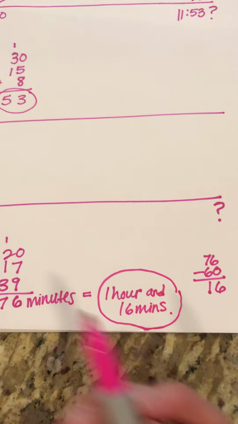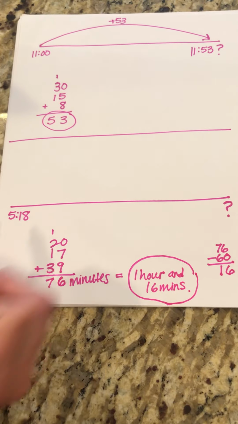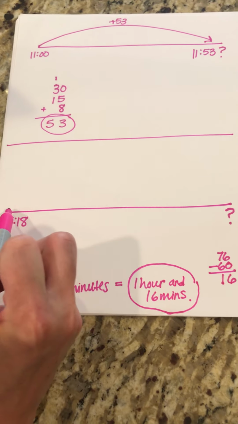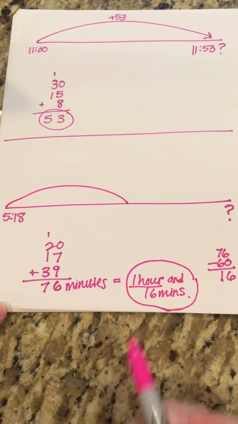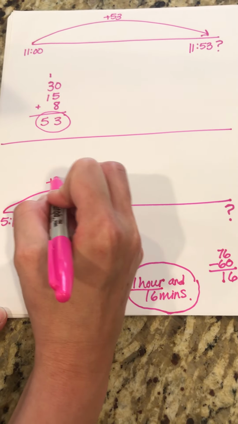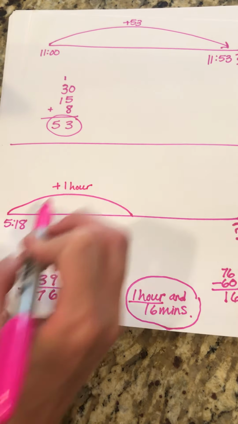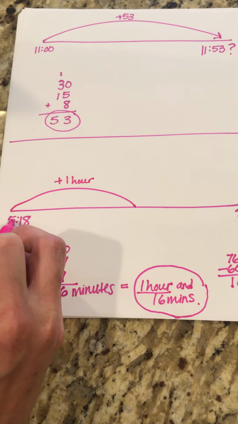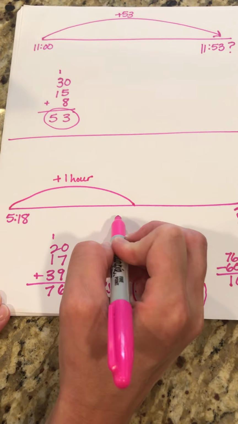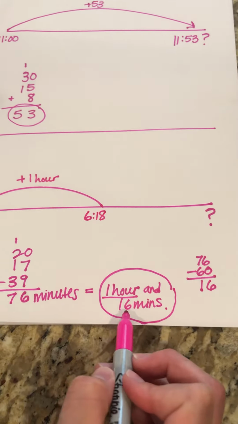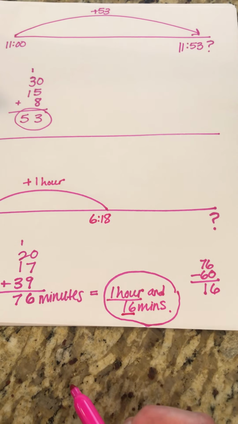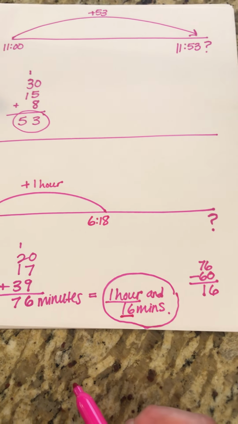So going back up to my timeline, I start at 5:18. I'm going to do one small jump with my 1 hour. So I'm going to add 1 hour. So from 5:18 going forward 1 hour, that gets me to 6:18. Now I have a remaining amount of time to jump of 16 minutes.